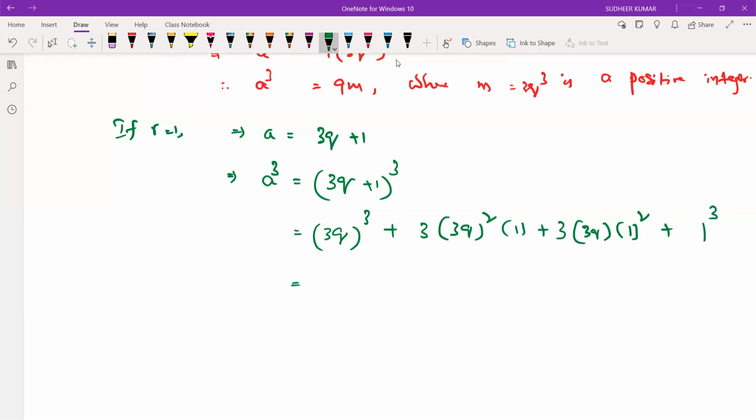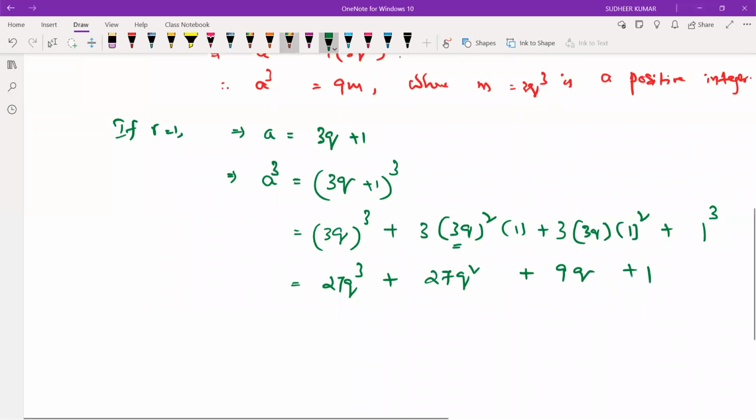So here a cube is 27q cube plus 3 times 9q square, that is 27q square, plus 3 times 3q, that is 9q, plus 1. From these terms we can take 9 common.